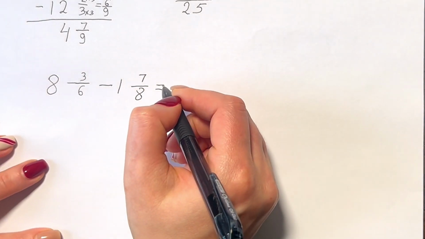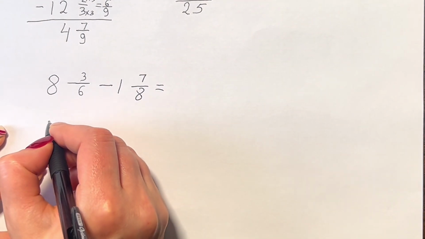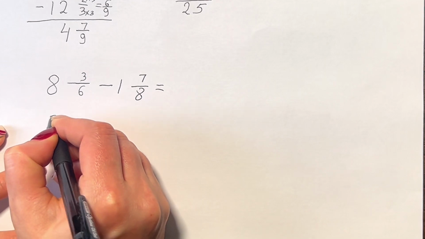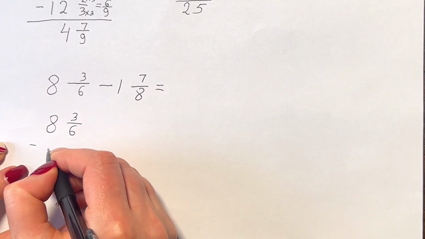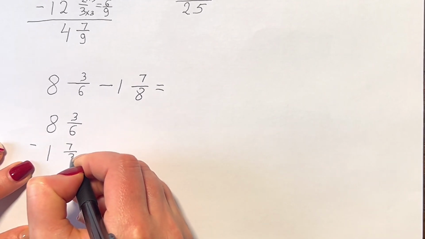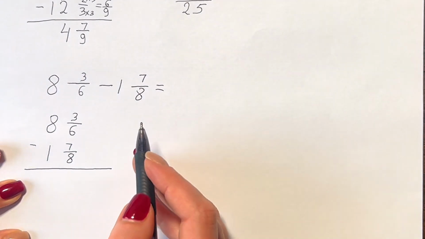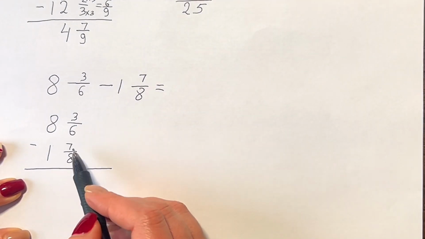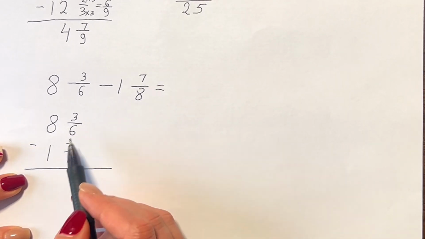Okay, again the same way, I'm gonna line up these two mixed numbers, 8 and 3 over 6 minus 1 and 7 over 8. Okay, so first of all, we have to subtract the fractions and then we will subtract the whole numbers.